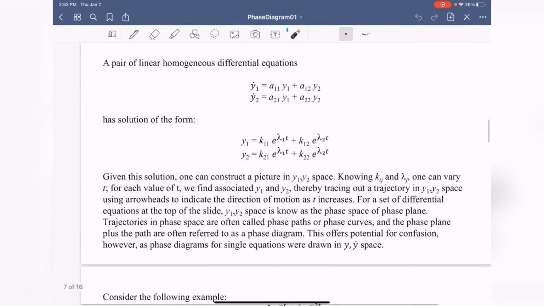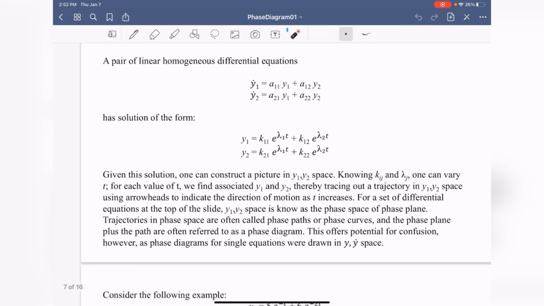A pair of linear homogeneous differential equations, y dot 1 equals a11 y1 plus a12 y2, and y dot 2 equals a21 y1 plus a22 y2, has a solution which is given by this form here.